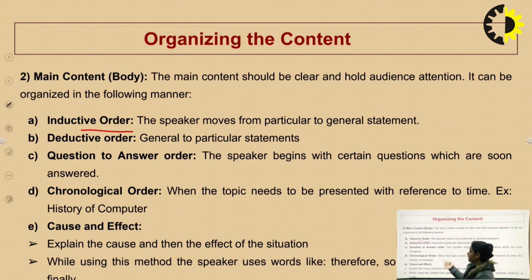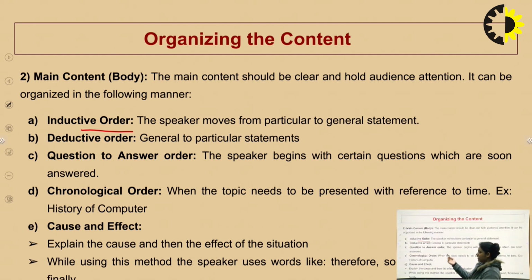These are the different methods. Okay, so in inductive order, the topic sentence, the main idea, comes at last. Throughout the content, it helps to keep the audience around, so that they can have a surprising or a final conclusion.